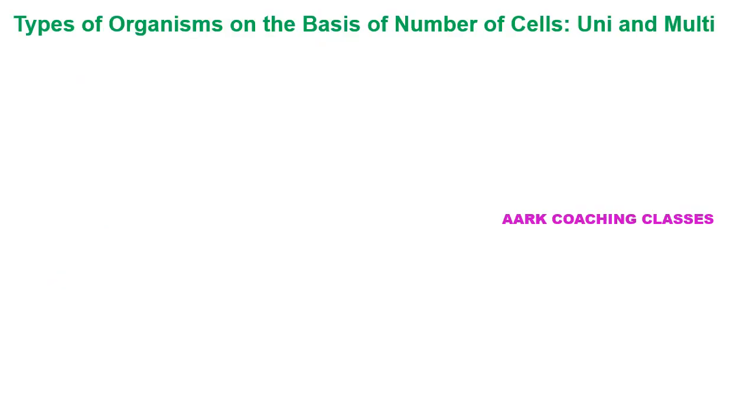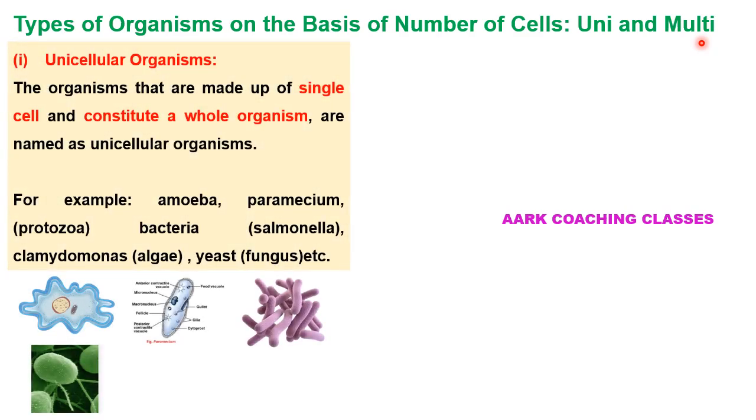Now, types of organisms on the basis of number of cells. Unicellular organisms and multicellular organisms. Now, what are unicellular organisms? Uni means what? One.